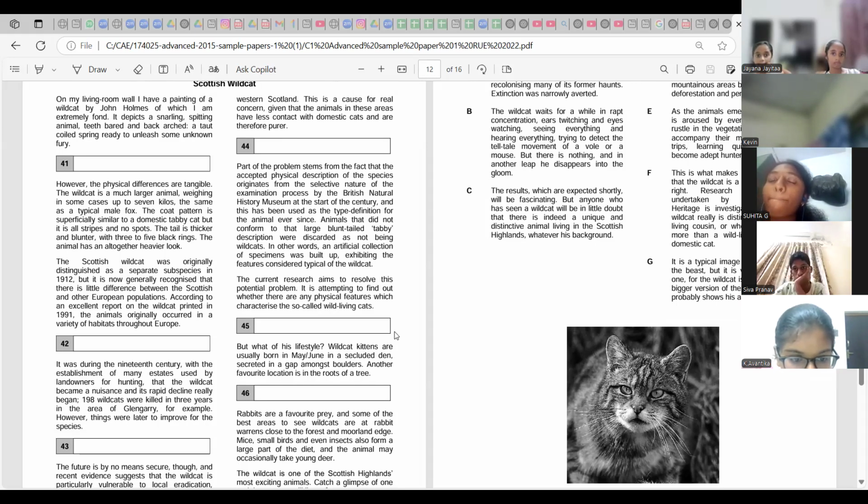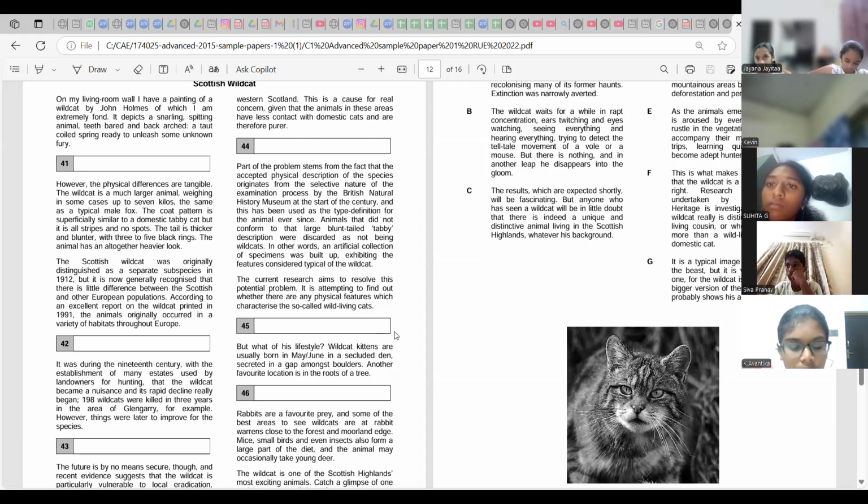We know the problem, what it is: differentiating the wild cat from the home domestic cat. Apart from the blunt tail, the thicker, larger animal, is there anything else we could find out? That's what the current research is aiming at.